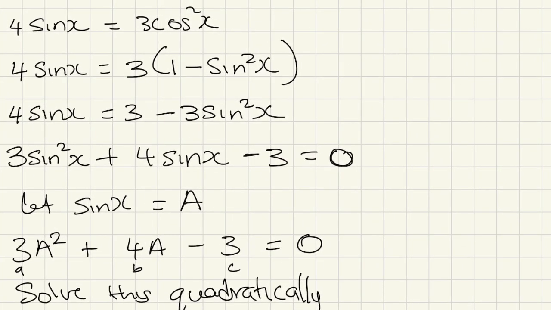And then from there, we can now say that a1 is equal to minus 4 plus the square root of 4 squared minus 4 times 3 times minus 3, all over 2 times 3.